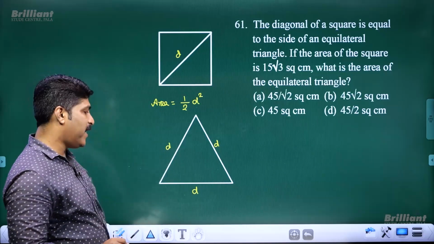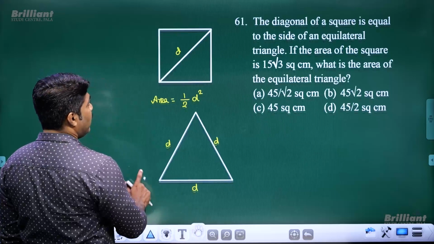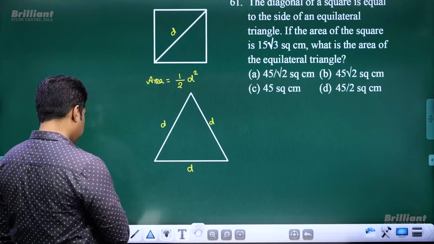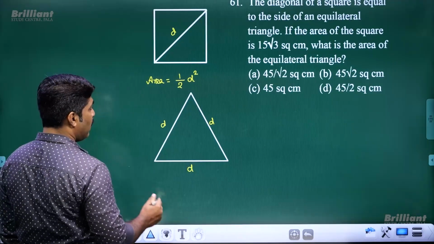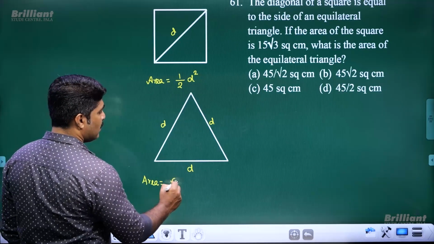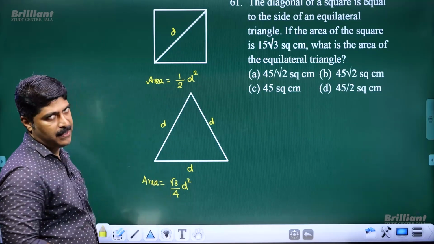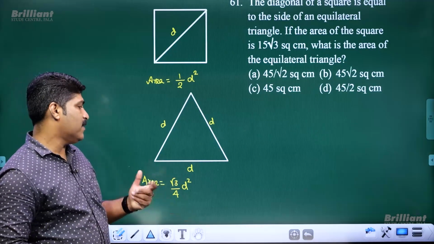Then how do we find the area of such an equilateral triangle? Usually area of an equilateral triangle is root 3 by 4 a square, but in terms of d, this is root 3 by 4 d square. This is the result. Then we can apply this one.